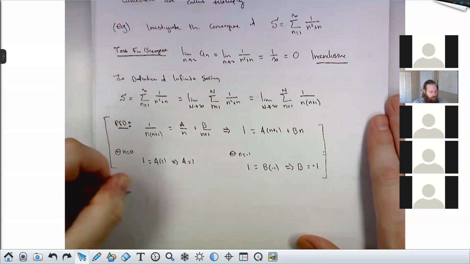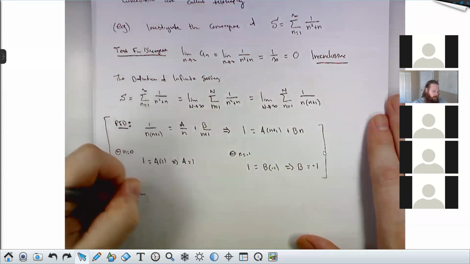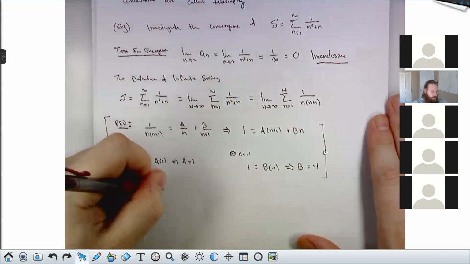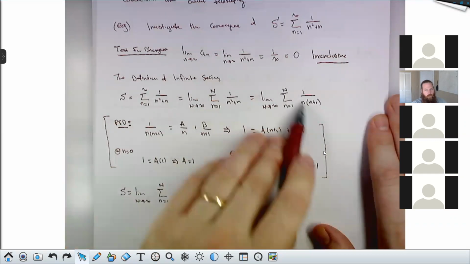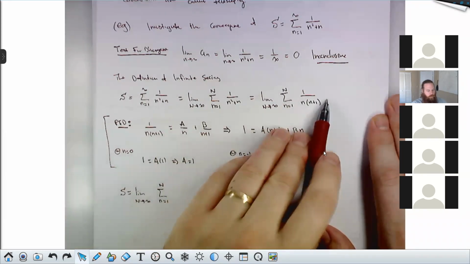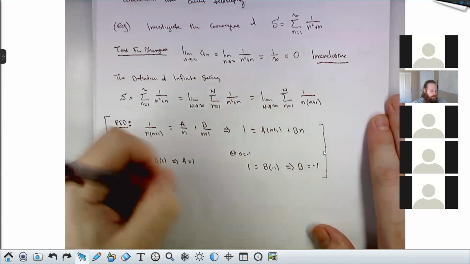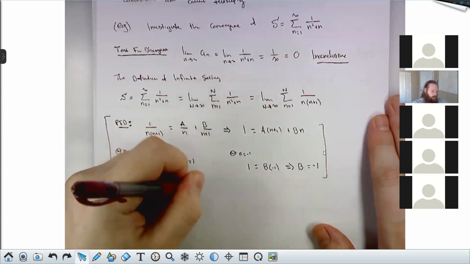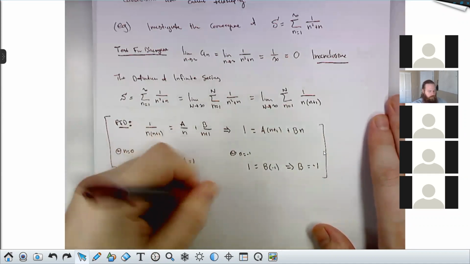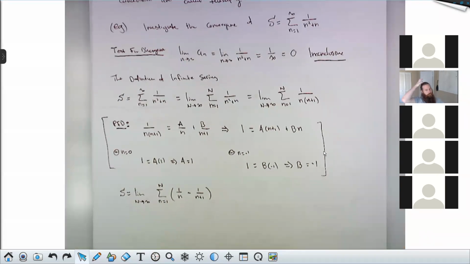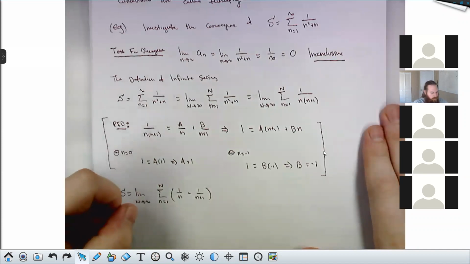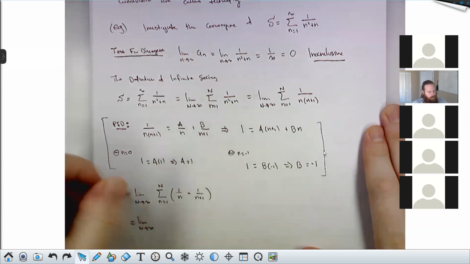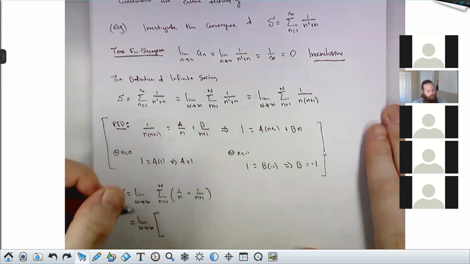So S is the limit as capital N goes to infinity of the sum from n equals 1 to capital N of 1 over n times n plus 1, which according to my partial fractions work is the same as 1 over n minus 1 over n plus 1. And now I write out this sum. This is the limit as N goes to infinity, open up a big bracket.